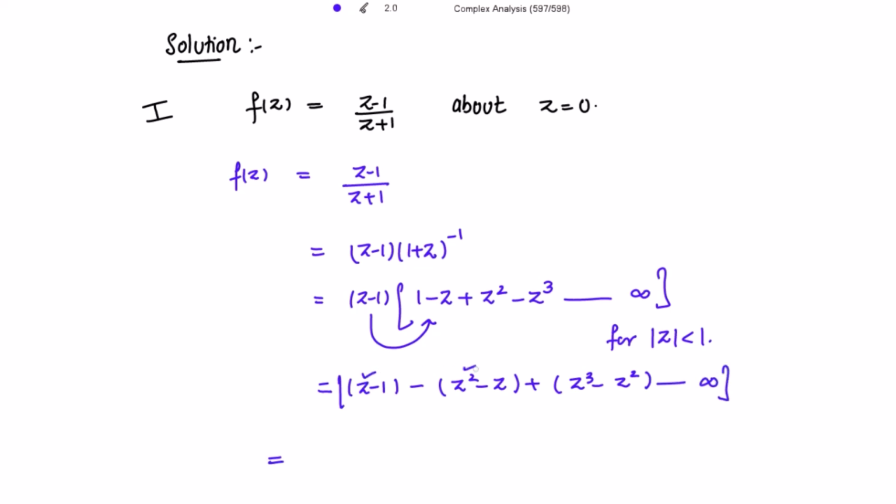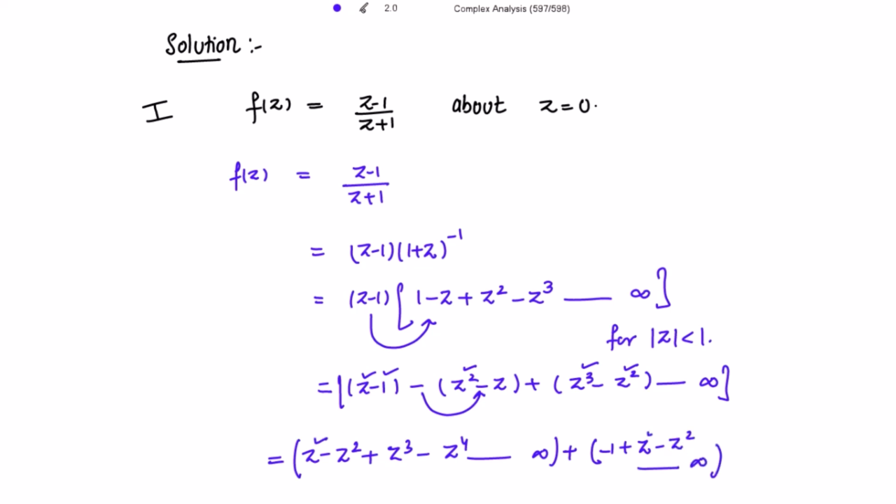Let's separate this. z - z^2 + z^3 - z^4 up to infinity, and adding this to -1, then minus, adjusting with this minus inside the bracket, plus z. For this it is minus z^2 up to infinity.